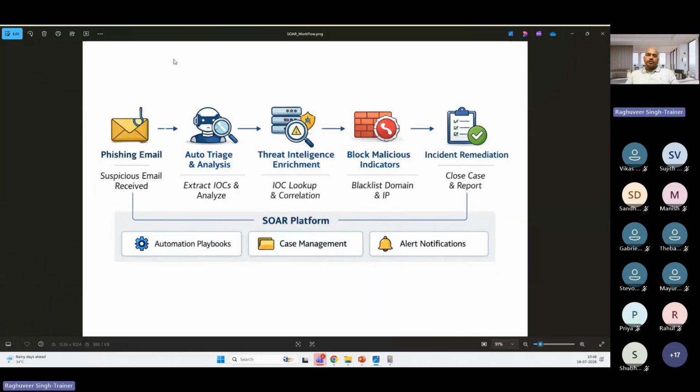So it's all automation. Imagine if SOAR was not there, then you would have performed these activities manually. After receiving that incident, you would have looked into that file and the email body. You would have picked up the IP address, domain name, and additional information.